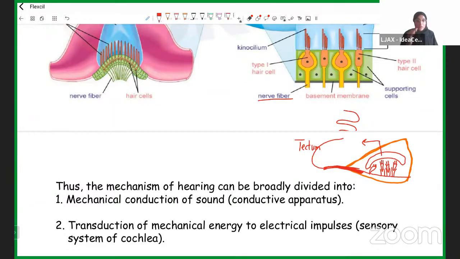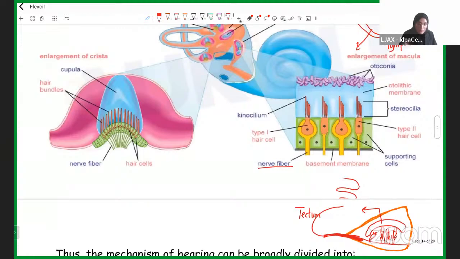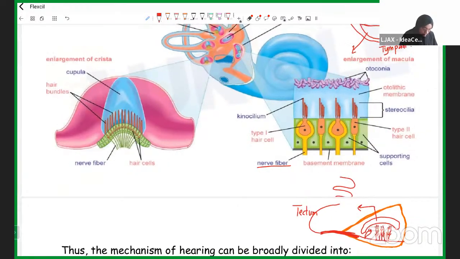And in the cochlea, we have scala media where we have the organ of Corti. So the basilar membrane there gets stimulated. And then that stimulated basilar membrane will start moving the outer and the inner hair cells. And those hair cells will send the signals down the nerve fiber to your brain. That is the basic point that you have to understand.